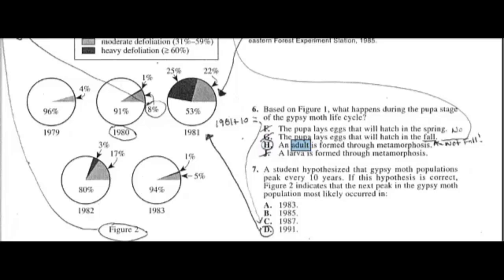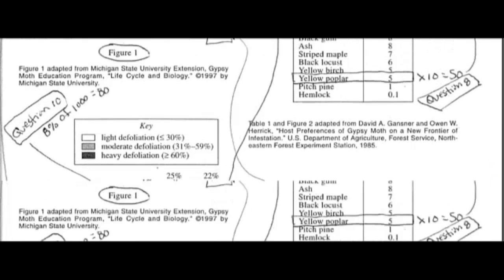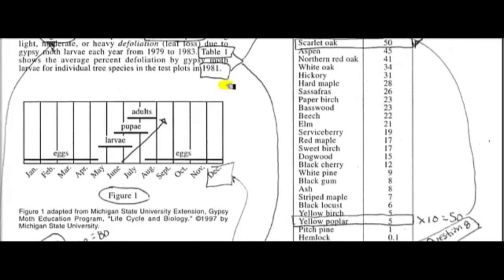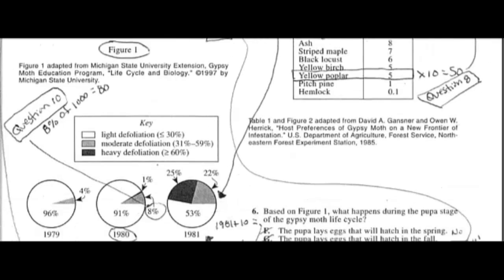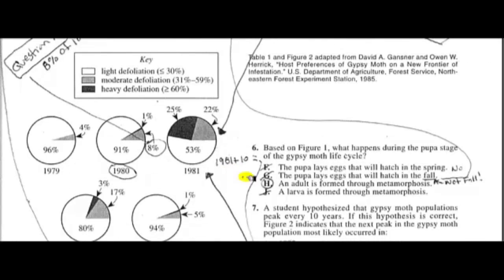When you come back over here and you look at the chart, the big picture isn't a larva. The big picture is what? What's the ultimate goal? The ultimate goal here is to become an adult. Number 6, therefore, the big picture is going to have to be answer choice H.